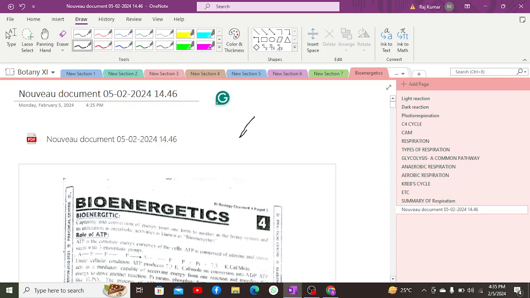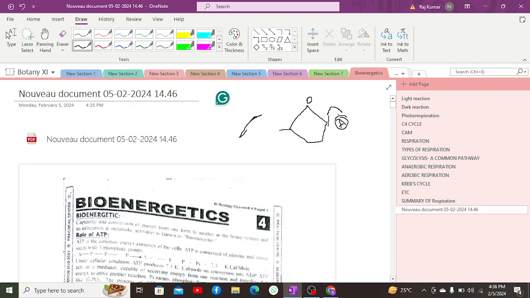Let me just try to draw the structure. There is a ribose sugar, and at the first carbon of this ribose sugar there is attachment of the adenine nitrogenous base. This forms the structure adenosine.